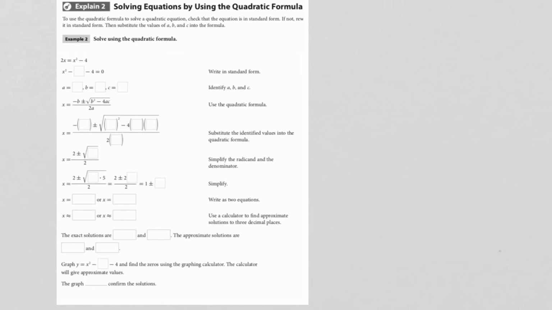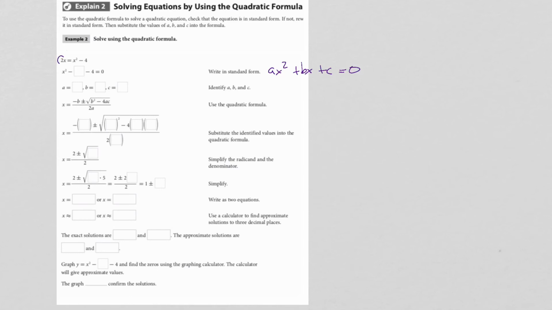So here we go. Now let's try to solve a problem using the quadratic formula. And we have to write it in standard form. Standard form is ax squared plus bx plus c equals 0. So we're going to do an activity tomorrow that's going to ask us the first question if this equation is written in standard form. And this one is not.